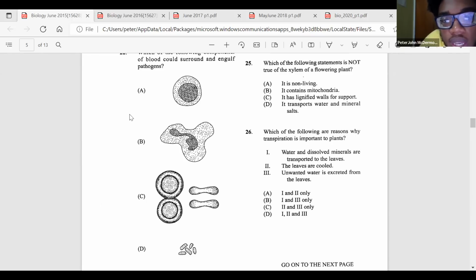All right, so what's A? What's B? What's C? Erythrocyte.